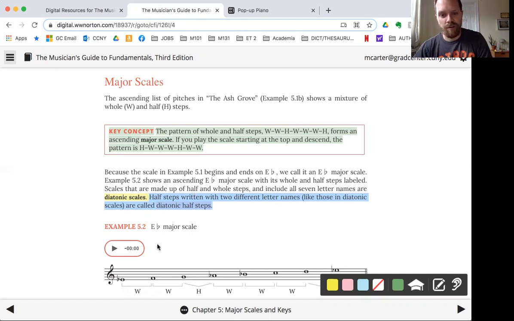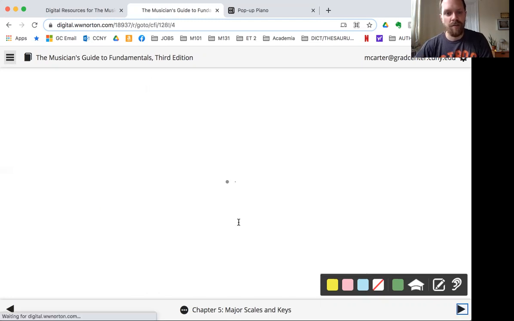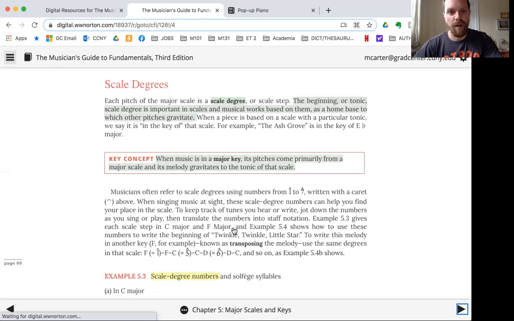So all of this should be fairly easy to digest. Let's move on to the next page here. Oh, and by the way, diatonic half steps are distinct. This is what I was just talking about. Understand that a diatonic half step is different than what we will call a chromatic half step.